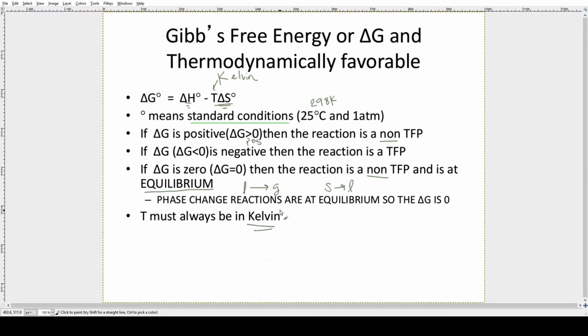So if you ever have a problem asking about the thermodynamic favorability of a phase change, you could just say, I know that the delta G is 0, so it's not thermodynamically favorable. And again, temperature must always be in Kelvin.